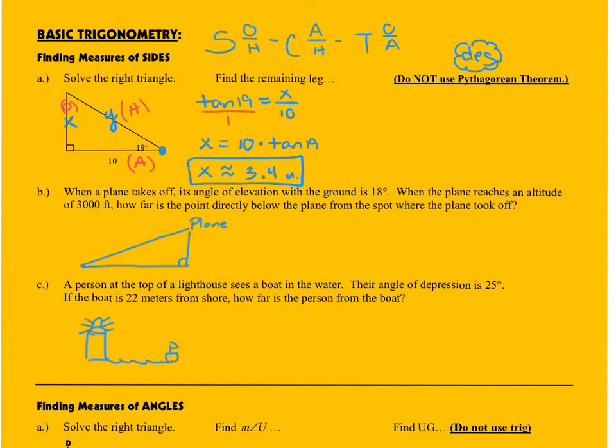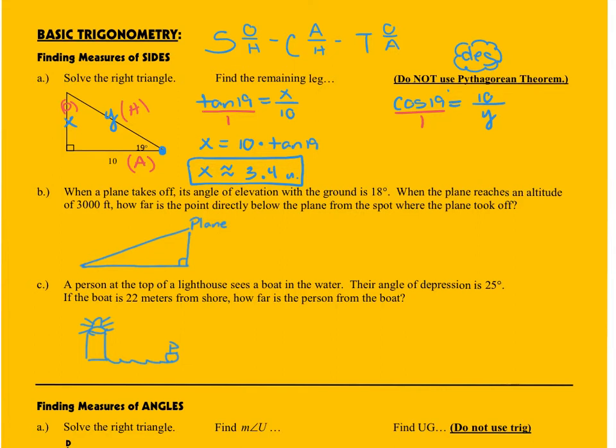So now I have the adjacent, I want the hypotenuse. That means I'm going to work with cosine this time. So this time I'm going to say cosine of 19, adjacent is 10, hypotenuse is, I don't know, I'm going to call it Y. I'm going to visualize cosine 19 over 1 because it's a number, and I'm going to cross multiply.